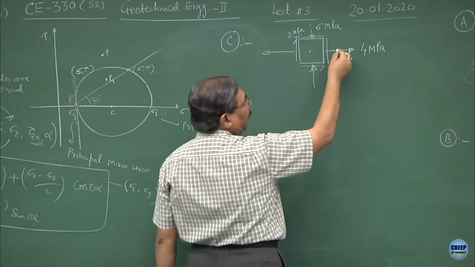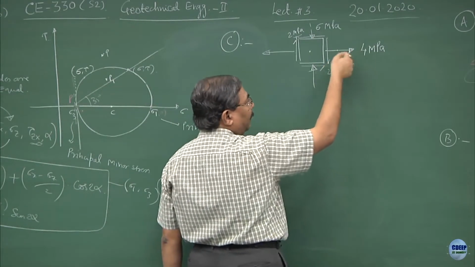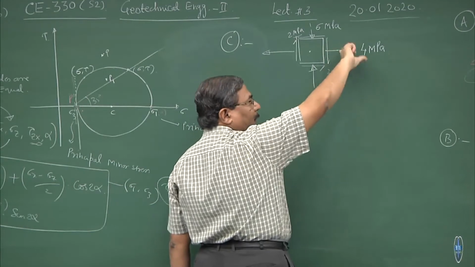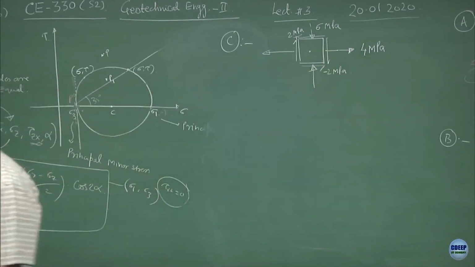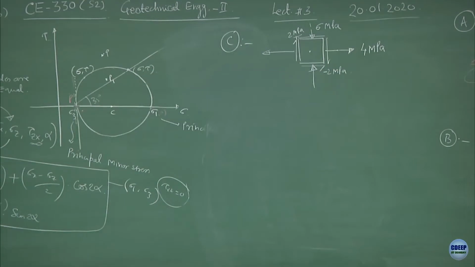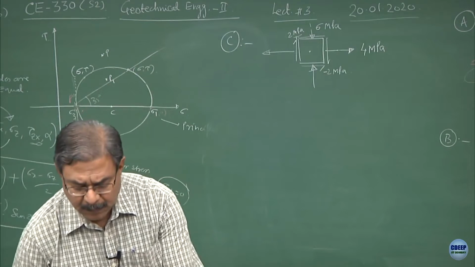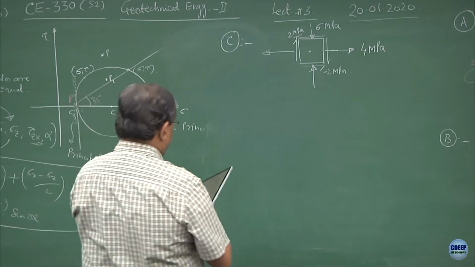If I consider a point over here and if I see the direction of the shear stress is anti-clockwise, this becomes negative. Solve the same problem and find out the state of stress.